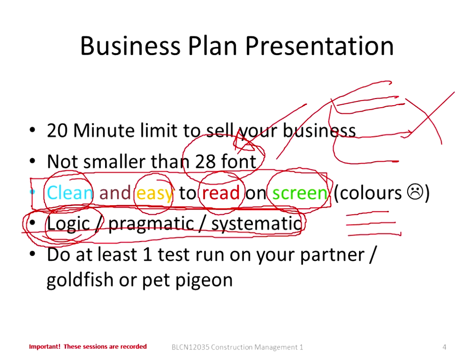All right, it's important to do at least one test run, just to see where the time goes. You might think that it's going to go really quickly, and you might come up with 50 slides, which you want to do in 20 minutes. Yes, it's quite doable if you want to spend 10 seconds on each slide, but in my experience, we do talk a lot more than what we think we do.